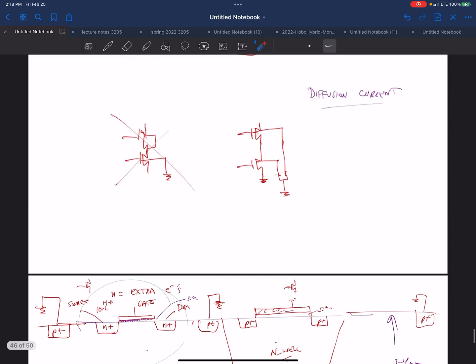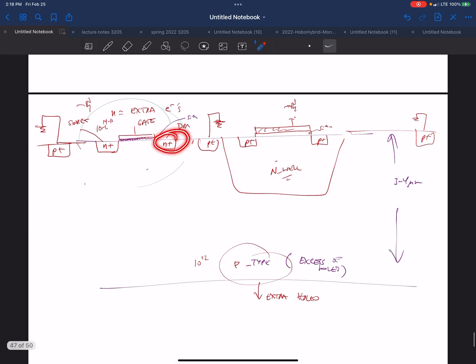That's allowed because this guy is an N plus connection into the P substrate. Okay? So it's not going to short if I put this to some other voltage. If I put this at plus 5 volts, it's not going to short to the substrate.